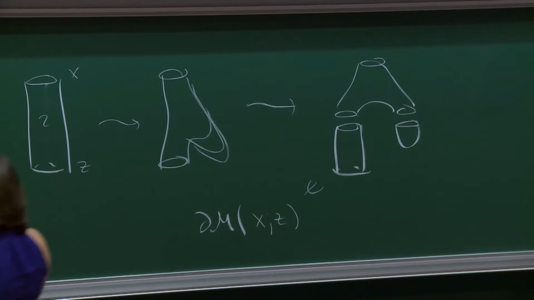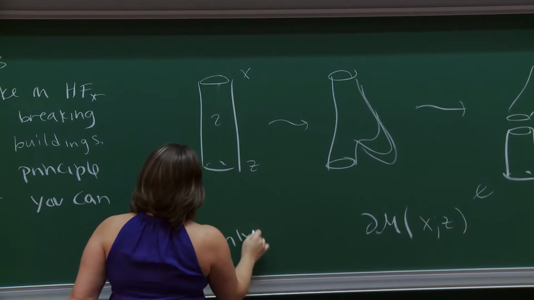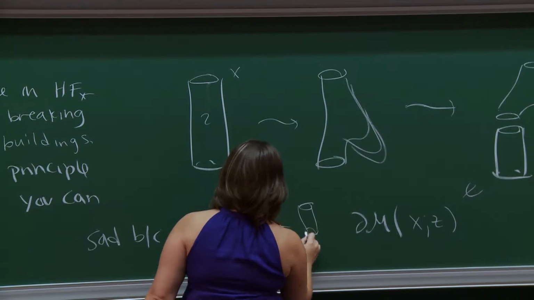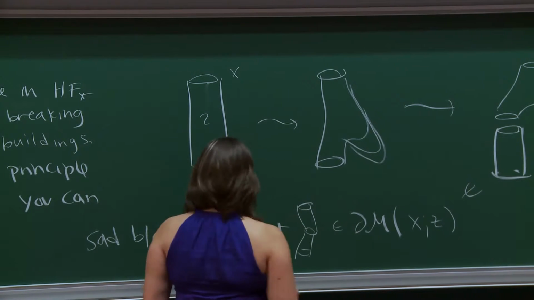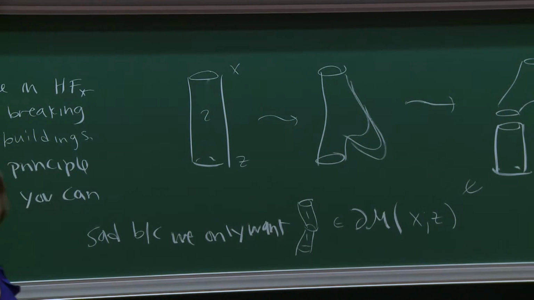And then this makes us sad: broken cylinders in your compactified moduli space of index 2 curves.